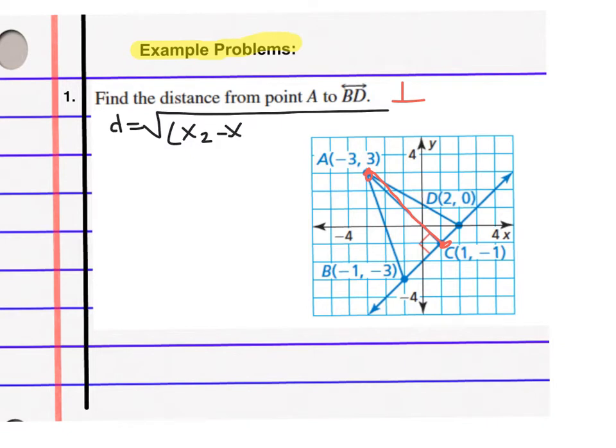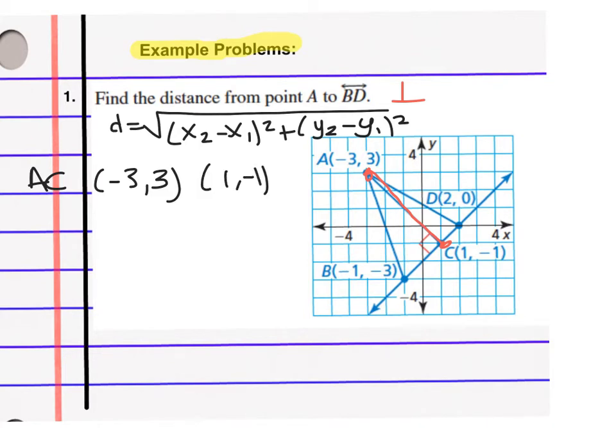It's x2 minus x1 squared plus y2 minus y1 squared. I want the distance from A to C. So point A is negative 3, 3, and point C is 1, negative 1.